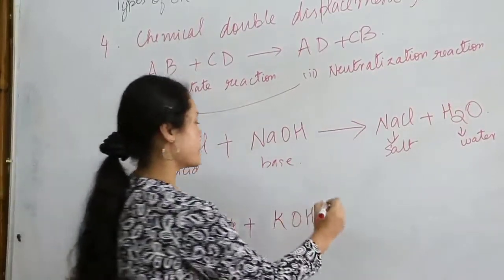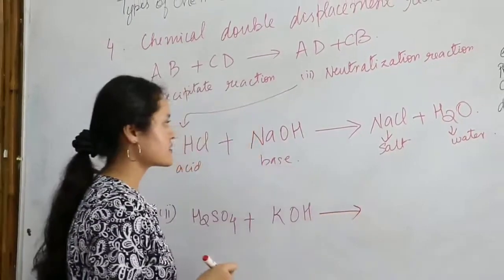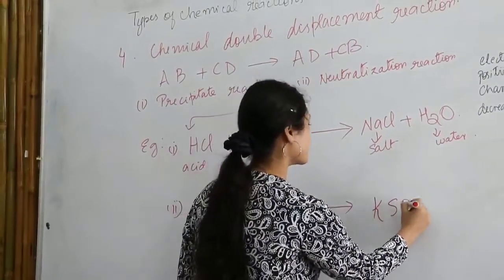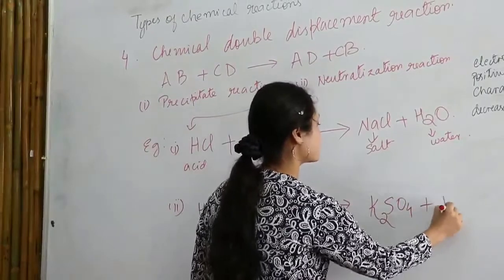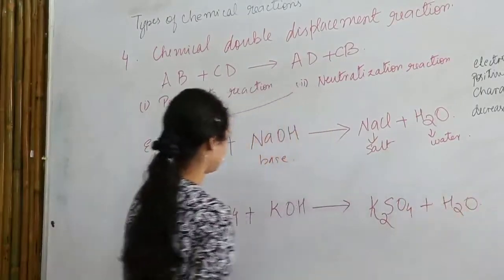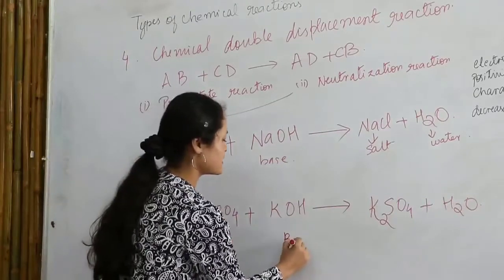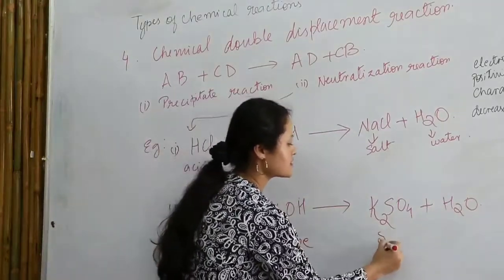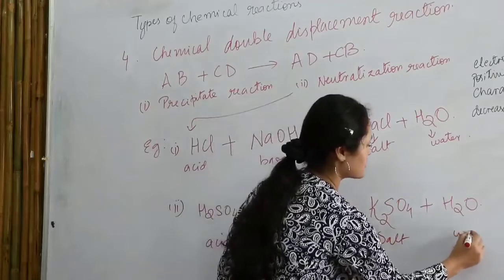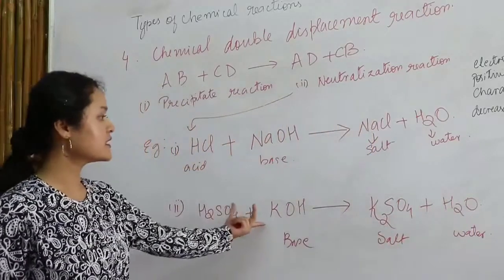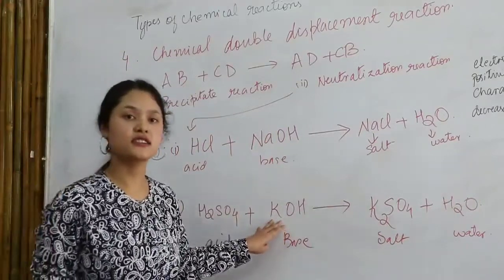The only products formed are salt, potassium sulfate, and water. So this is an acid, sulfuric acid. This is a base. The products are salt and water. Here the reaction is not balanced.